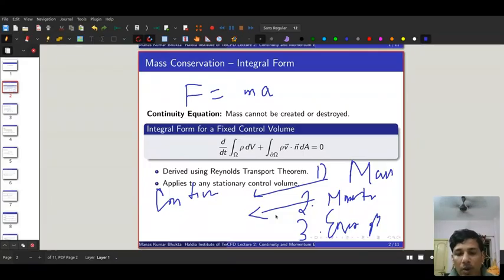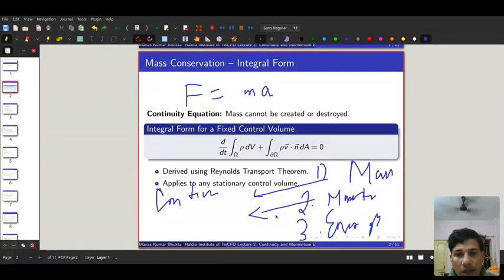The model of the flow will be employed for: first, a fixed finite control volume; second, a moving finite control volume; third, a fixed infinitesimal small volume; and fourth, a moving infinitesimal small volume of fluid element.